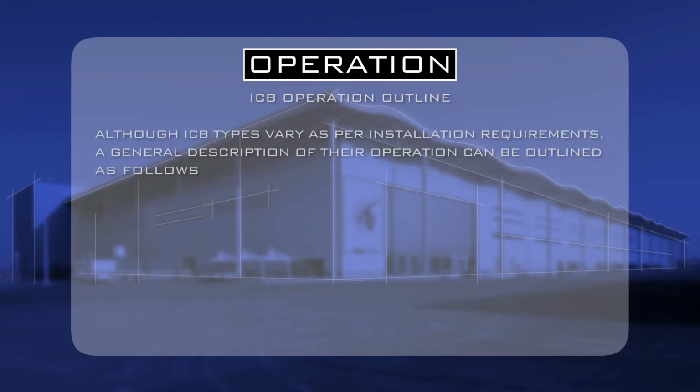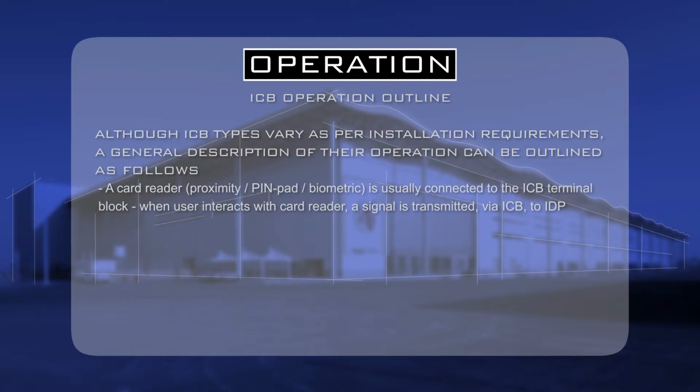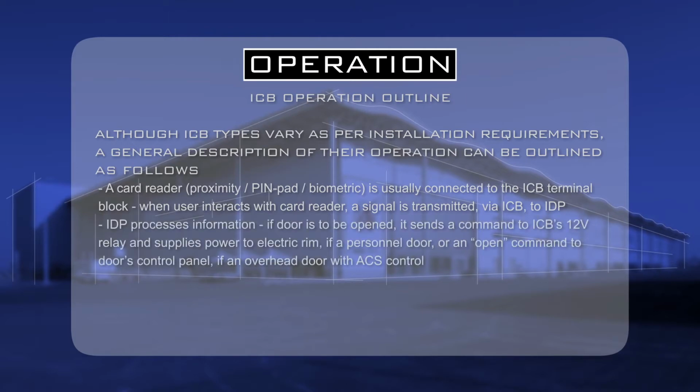ICB types vary, but this is a general description of their operation. A card reader is usually connected to the ICB terminals block. When the card reader is used, a signal is transmitted via the ICB to the IDP. The IDP then processes the information.